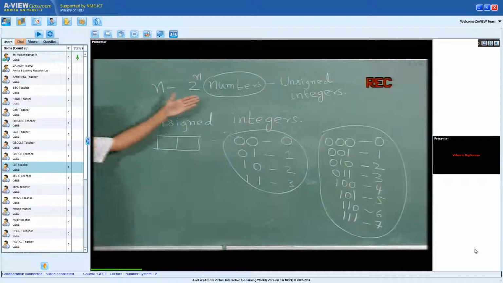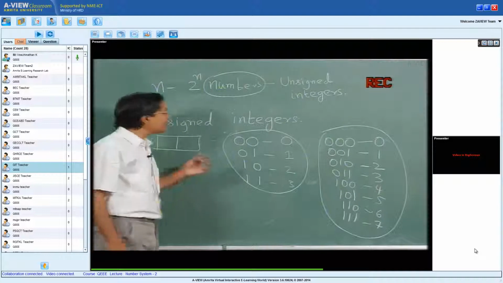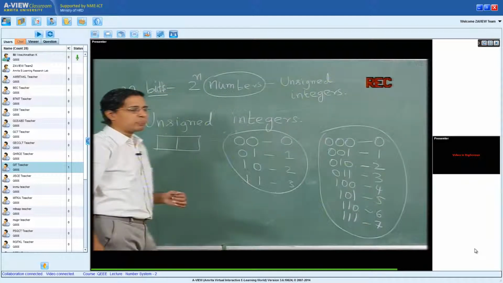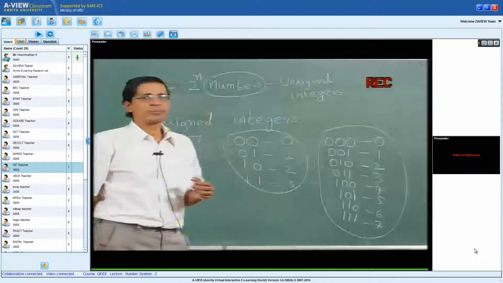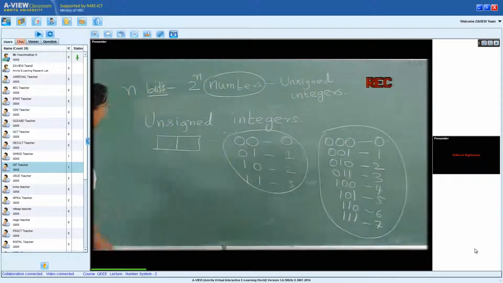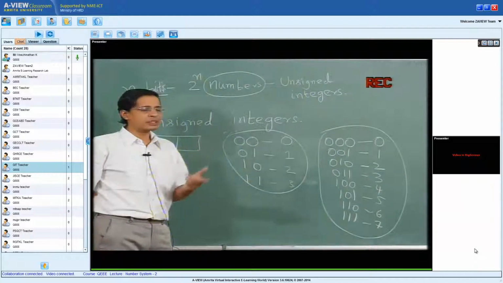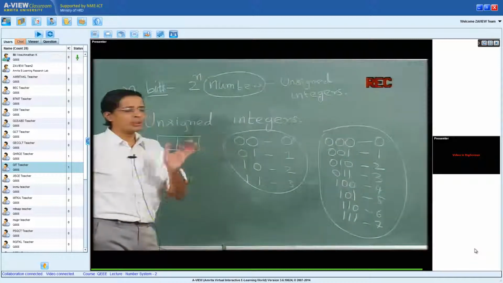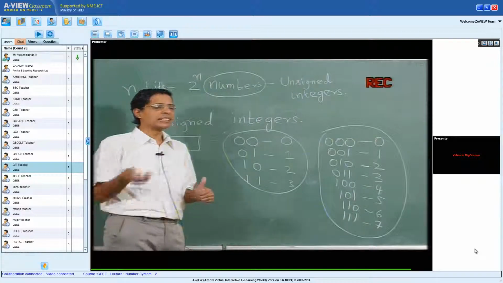A very simple proof for this statement is that with n bits, every one of these bits can assume one of 2 values, namely 0 and 1. So if we take a combination across n bits, since each can have 2 possibilities, and there are n of them, I could have 2 into 2 into 2, n times possibilities, which is 2 power n.